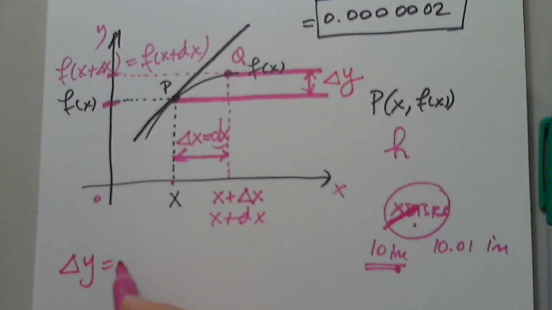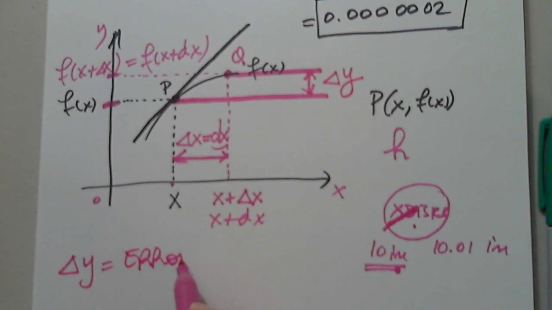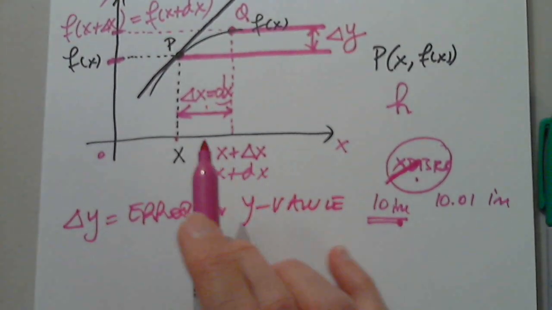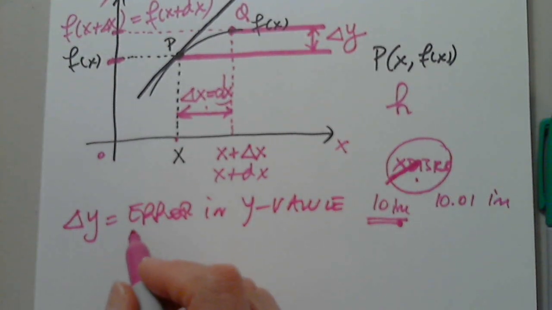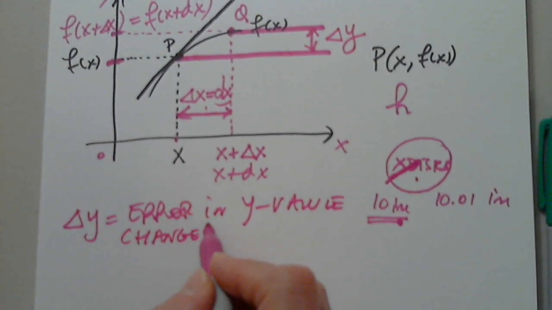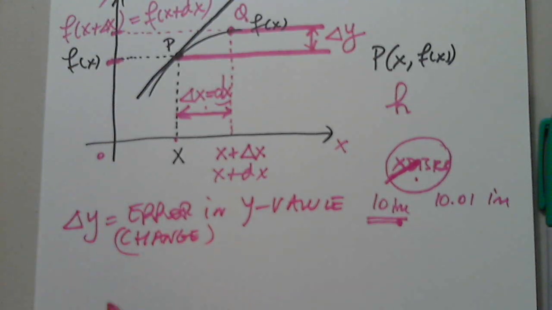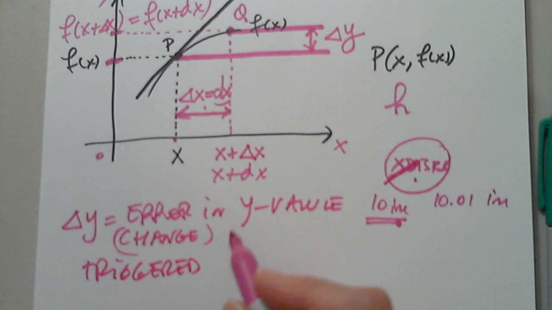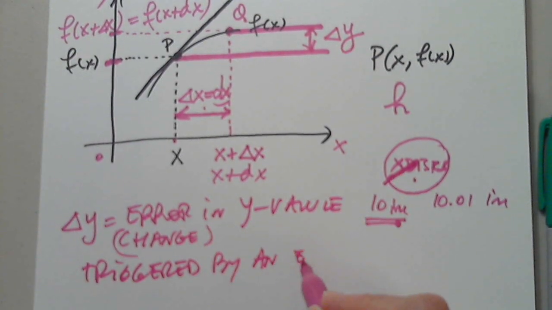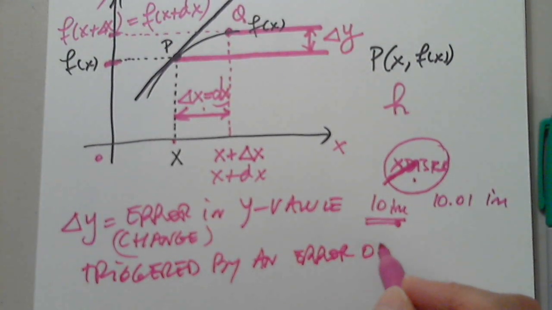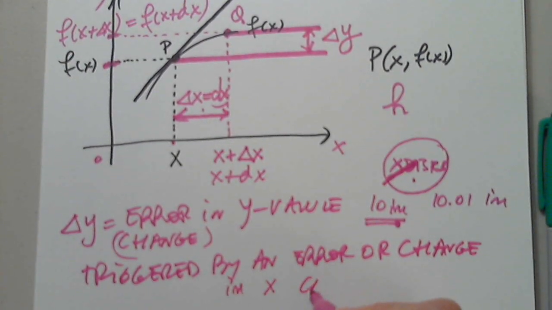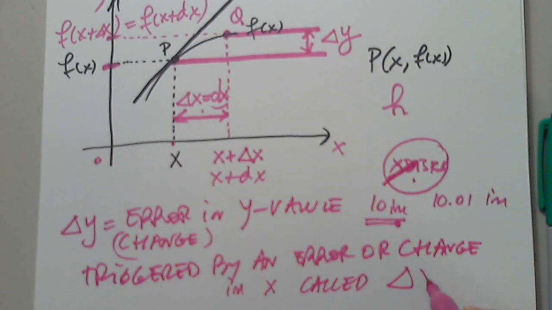So delta y is the error in the y value, triggered by an error or a change. It doesn't have to be an error. It can also be called a change in the y value, triggered by an error or change in x, called delta x.